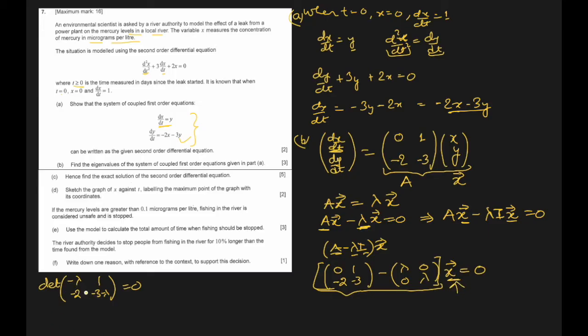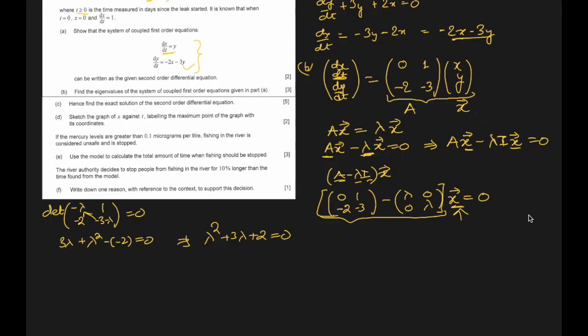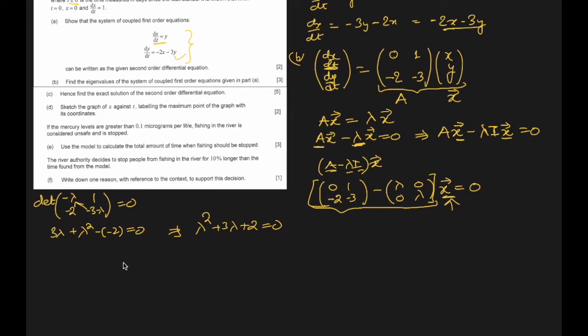So we'll just find the determinant of this one. These two multiply, we get a positive 3 lambda plus lambda square minus minus 2 equal to 0, which gives us lambda square plus 3 lambda plus 2 equal to 0. We can find the values of lambda with a calculator, by factoring, or with the quadratic formula.